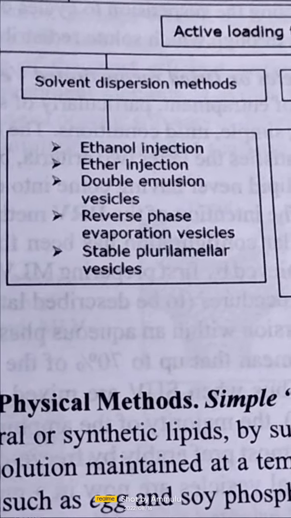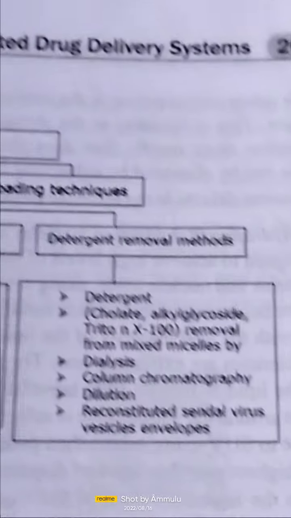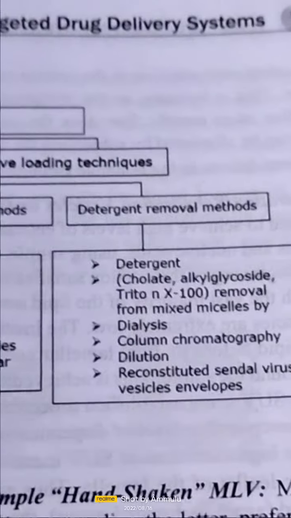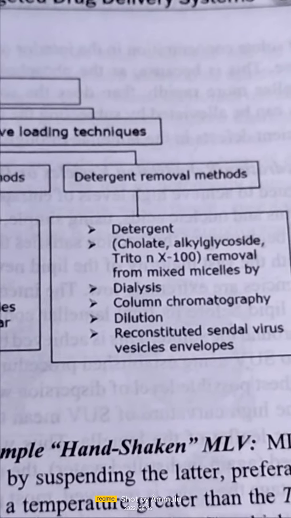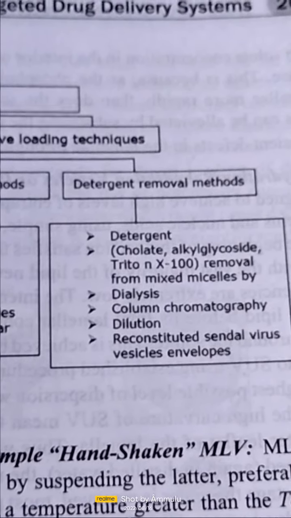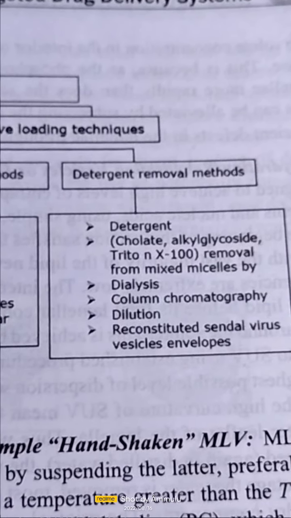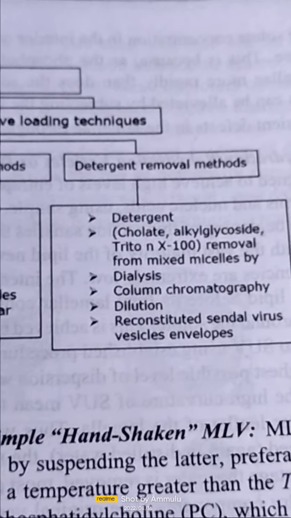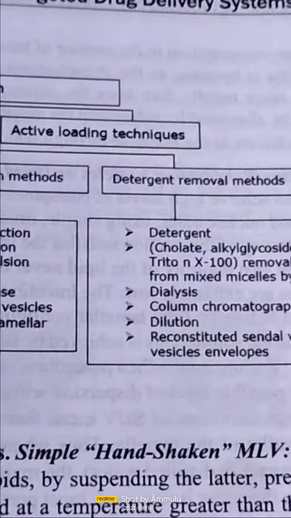These are the solvent dispersion methods of preparation of liposomes. And the third one, detergent removal method. In this method, the detergent and dialysis method, column chromatography method, and dilution reconstituted Sendai virus vesicle envelopes are there.